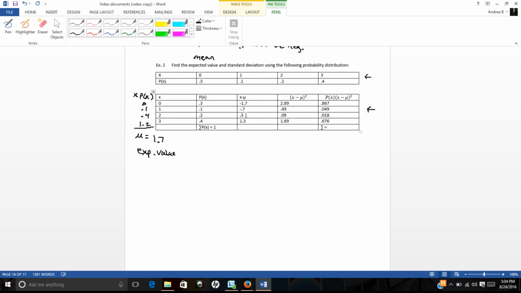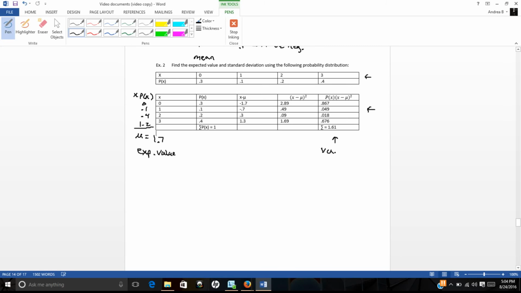And then for this one, what we'll want to do now is add up those values. And remember, in general, we want to go at least 2 decimal places. The more, the more accurate it'll be. So whenever we add up this column, what we get for that sum is our variance.